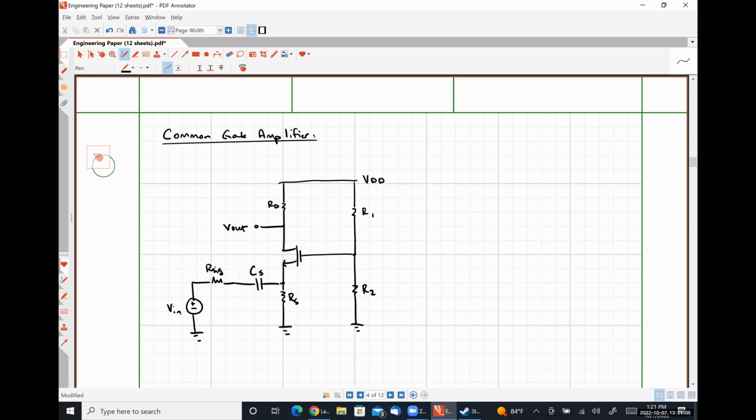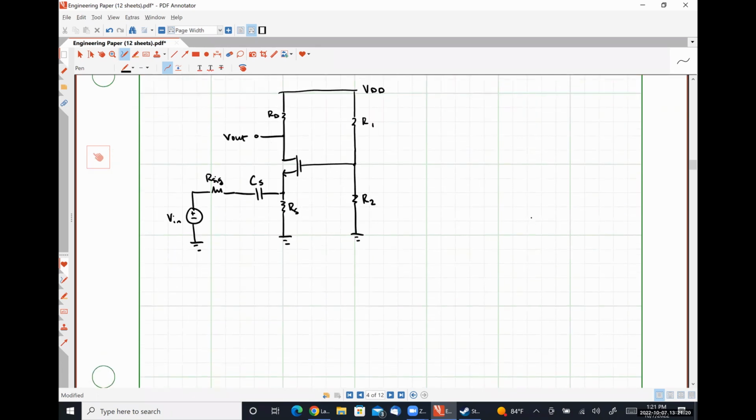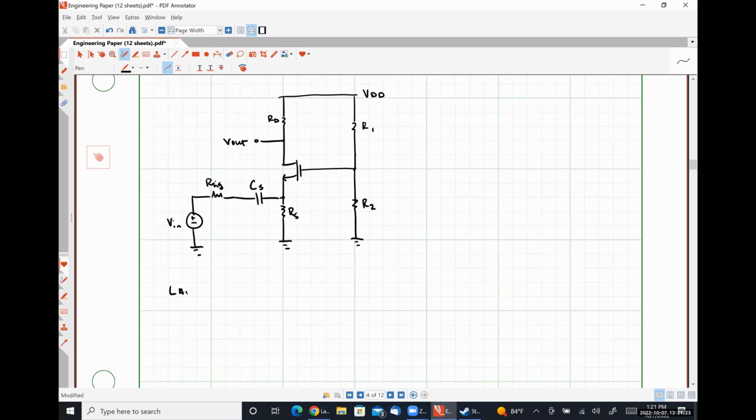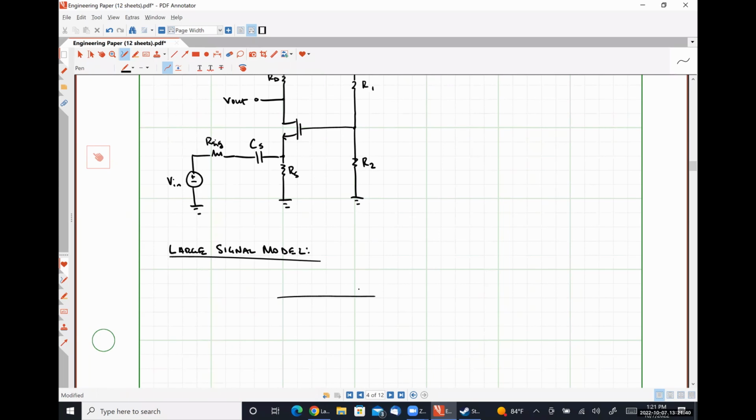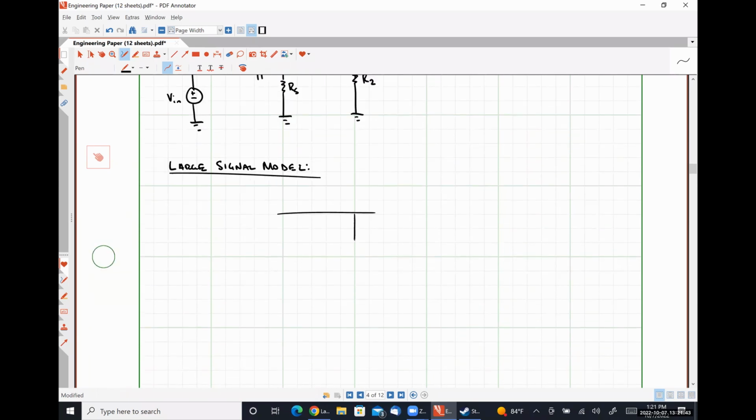In like so. All right. So looking at this thing from our large signal model perspective, we would have something like this. It's effectively just the standard 4 resistor bias network for a MOSFET device.